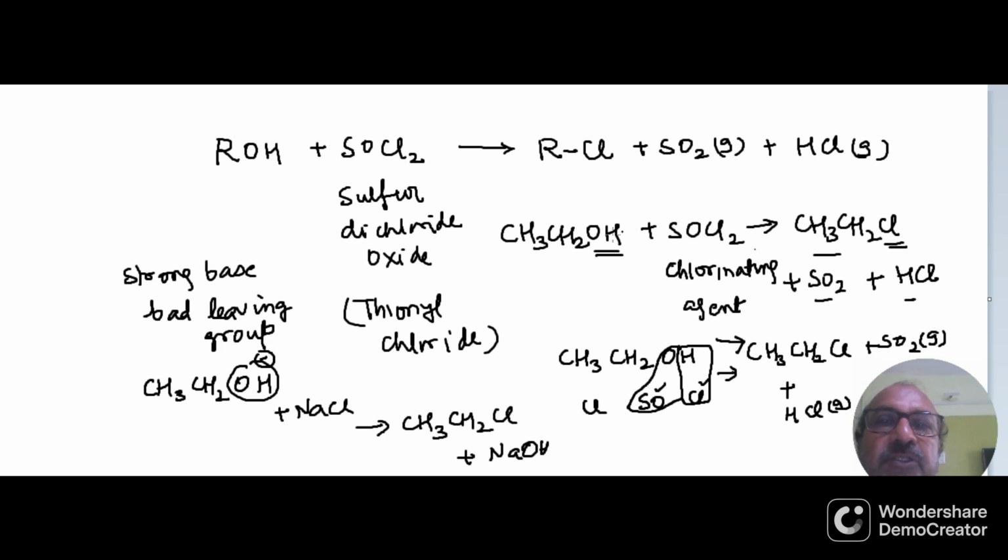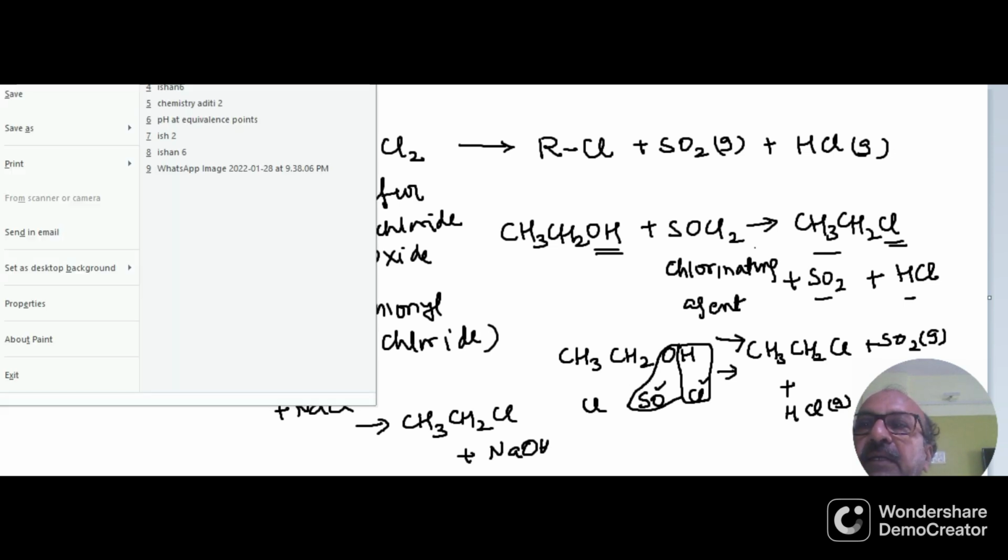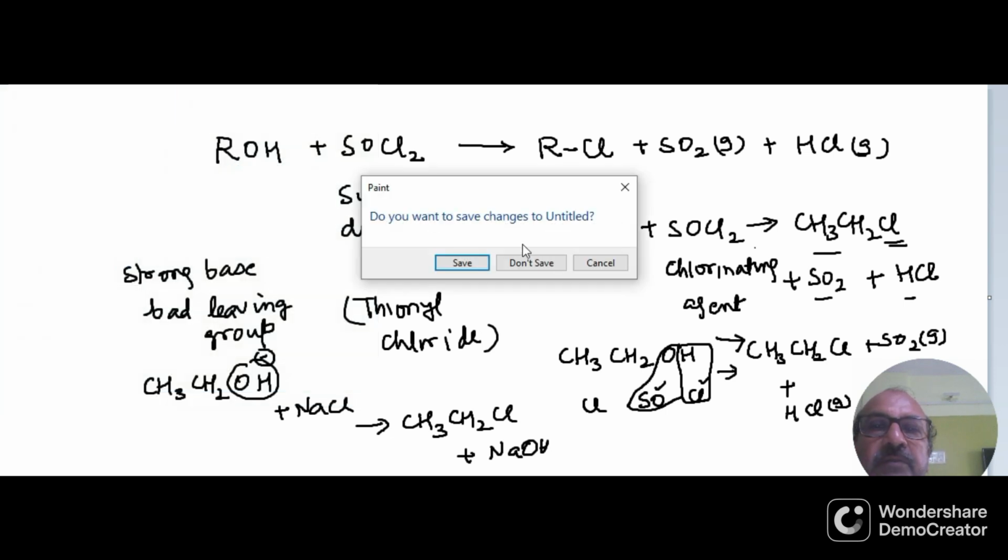In fact, the function of SOCl2 is that it converts the OH minus, which is a bad leaving group, to a good leaving group, and this is what I'm going to show you just now.